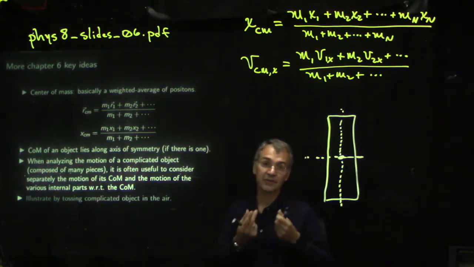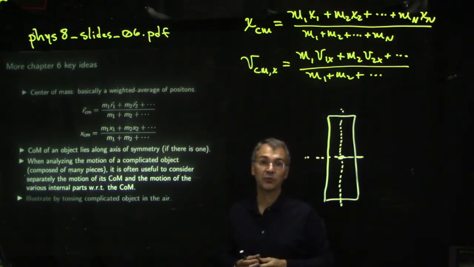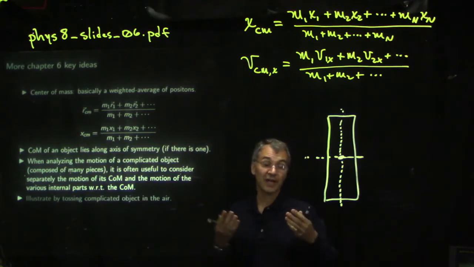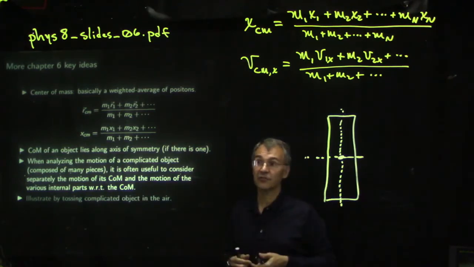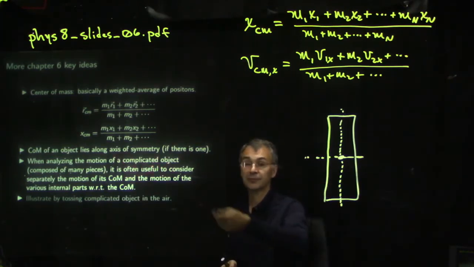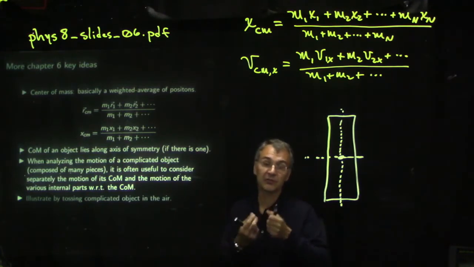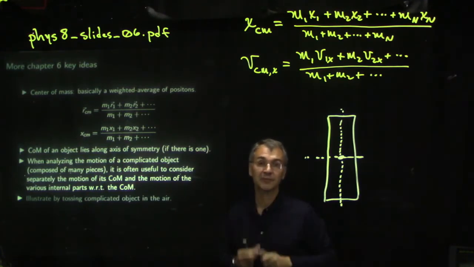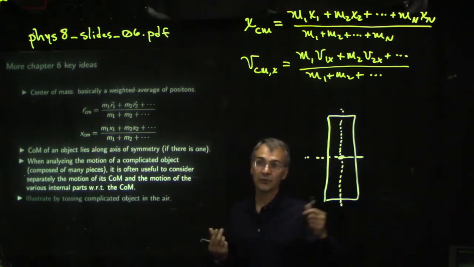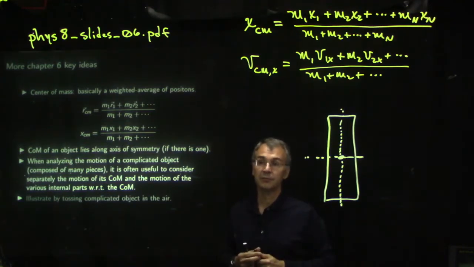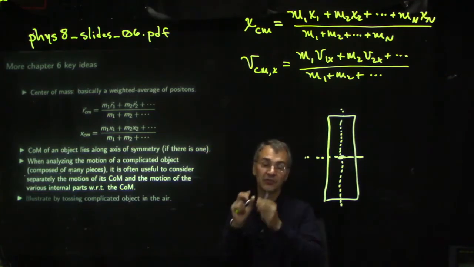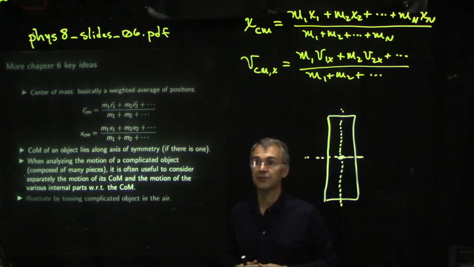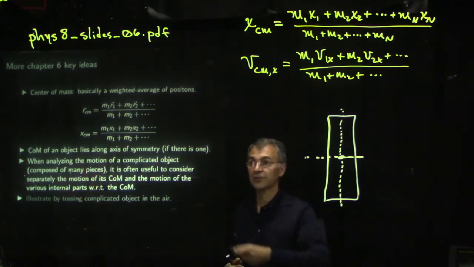To analyze the motion of the center of mass, you only have to consider the forces that are outside of that system, outside of that object. So you don't have to consider the internal forces where the little pieces of the object are pushing on each other. You're considering things outside the object and how they push or pull on it, not how the little constituents of the object push on each other.